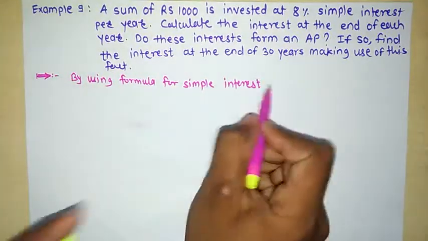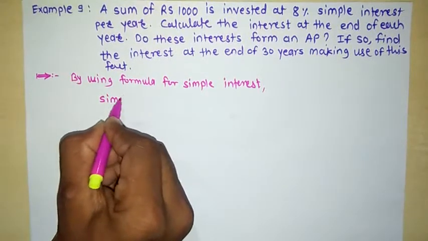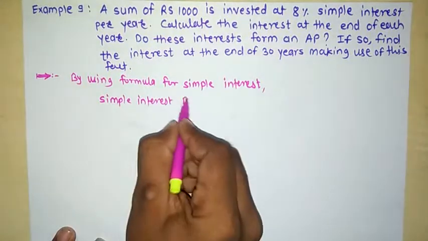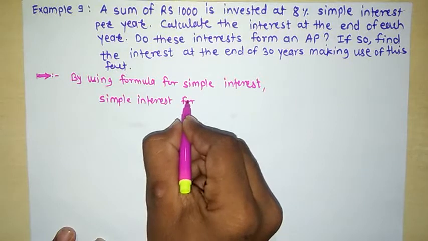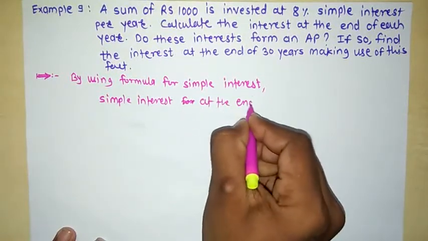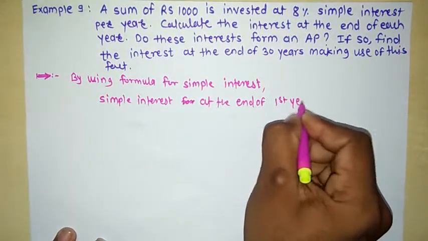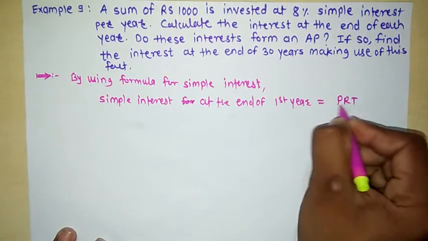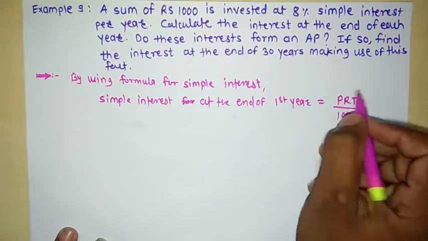By using the formula for simple interest at the end of the first year, it is equal to PRT divided by 100.